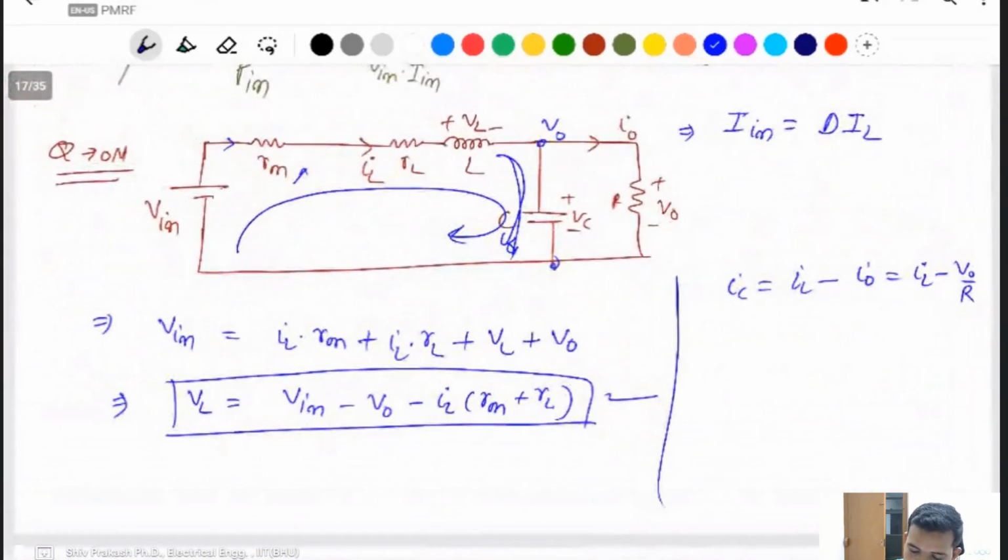So you can say that I input is D times IL. The average input current is D times IL, and D times IL is the same as the output current.